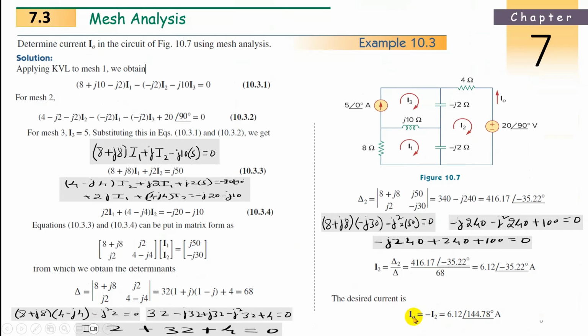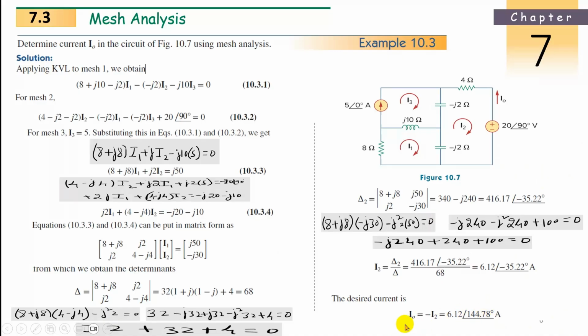Now again, I2 is not I0. What is I0? It is minus I2. So minus 6.12 at an angle of minus 35.22 degrees. Take that minus inside. What do we have to do? Take the outside minus into the polar form, inside the degrees; we just add 180 degrees. So 180 minus 35.22 degrees is nothing but 144.78 degrees.